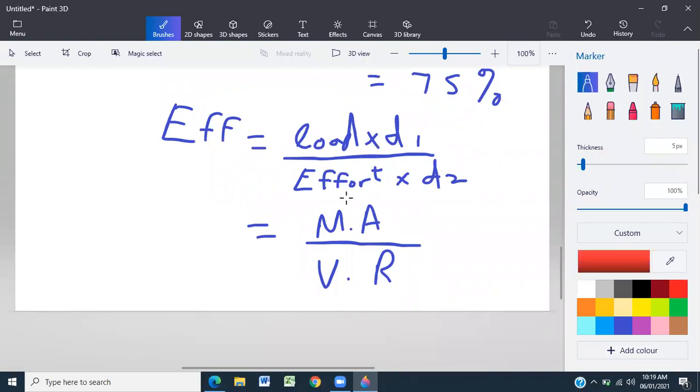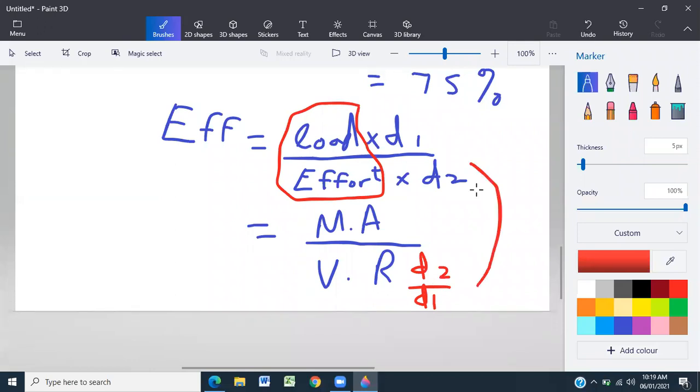So the mechanical advantage is this part here. If this were distance moved by effort, D2, over D1, and since we're dividing, it's like multiplying by the reciprocal, so this would be this.